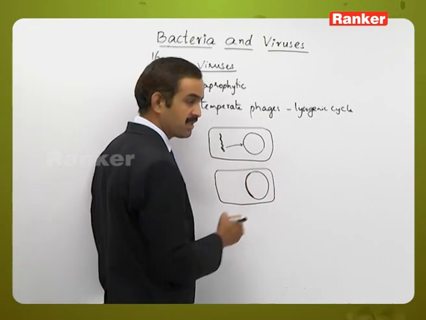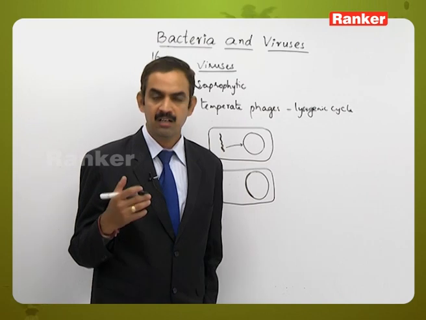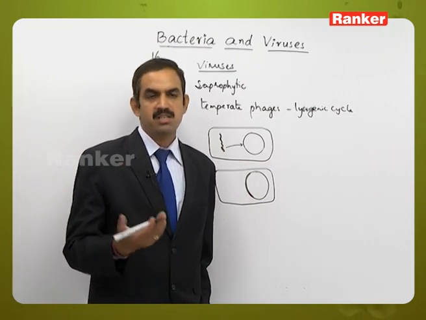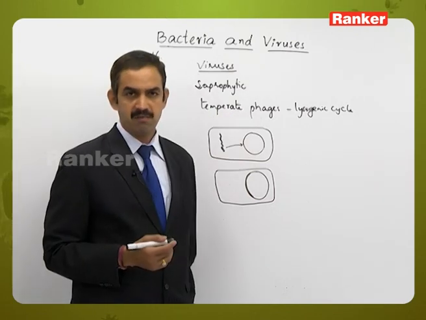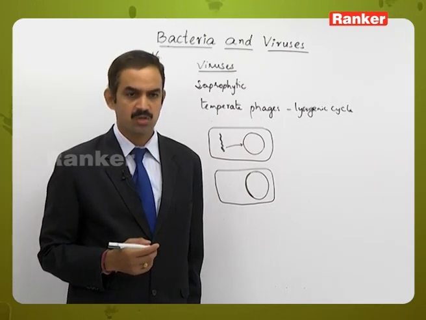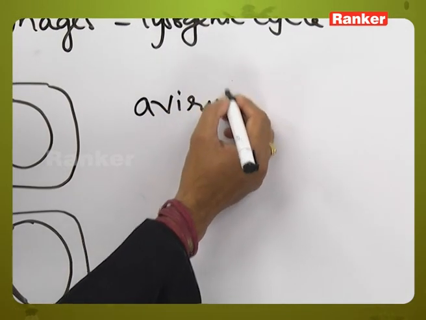This is called a prophage, and when this bacteria undergoes binary fission, the DNA material will be transmitted to the bacteria equally, and such types of phages are called temperate phages, which will not cause any harm to the host bacteria.